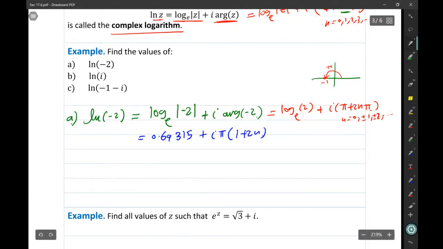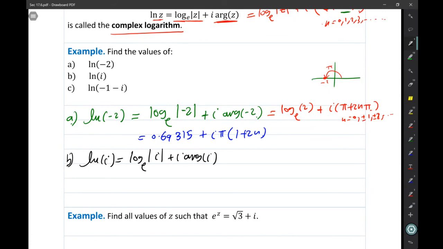Now number 2, or part B of the same example. Ln of i is equal to log of the absolute value of i with base e, plus i times the argument of i. Where is i?